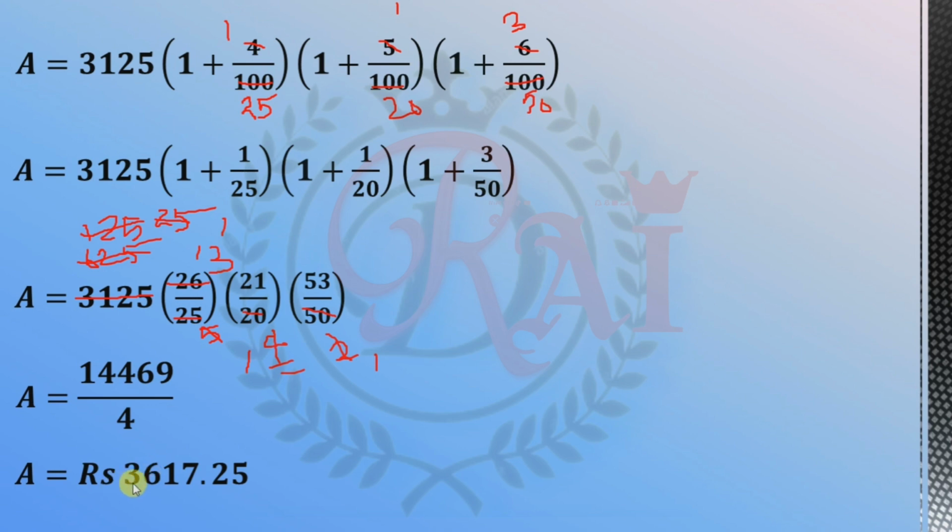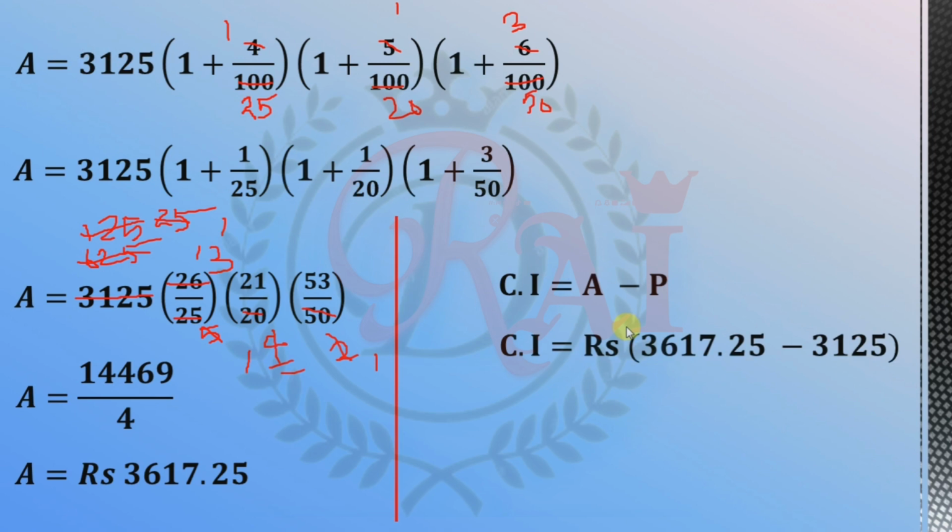So amount is equal to rupees 3,617.25 paise. And compound interest is equal to amount minus principal: rupees 3,617.25 minus 3,125 is equal to rupees 492.25 paise. So compound interest is equal to rupees 492.25 paise.